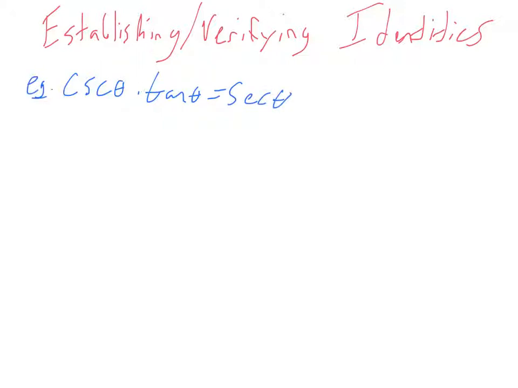So I'm giving you, instead of just an expression to simplify, an equation, and I'm saying it's an identity, and I want you to show me that it actually is true. Prove to me that this is always true no matter what theta is. Prove the identity.